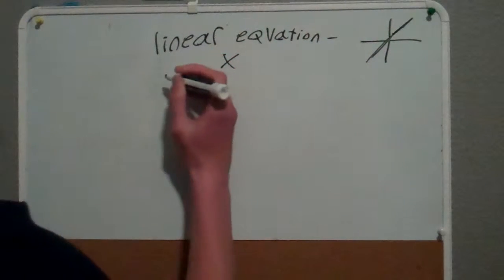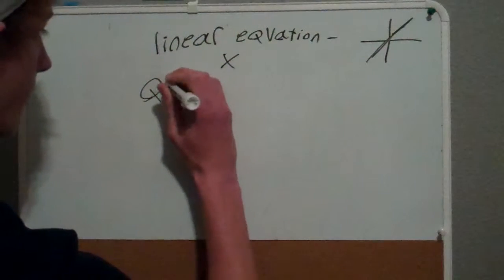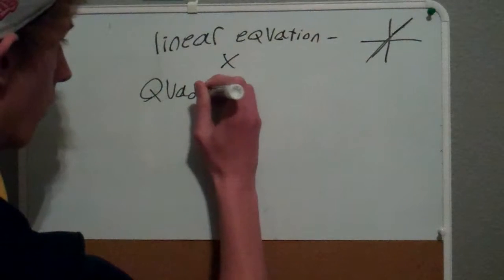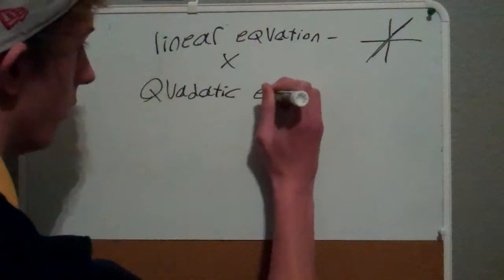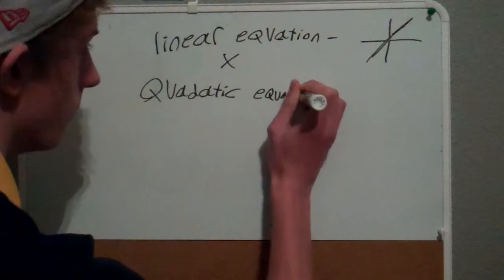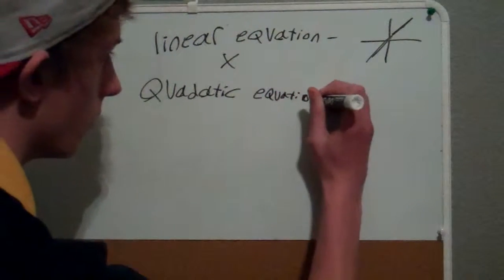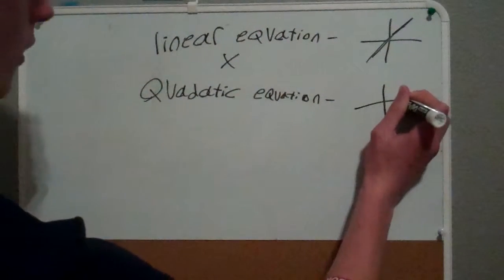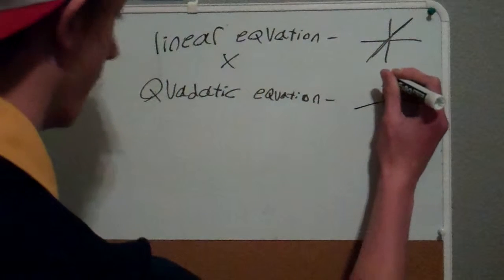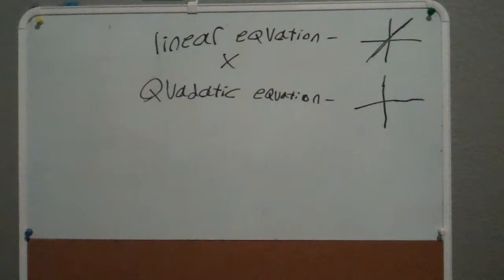Now, a quadratic equation. That's not the best graph I could do, I will give you that. What I'm going to put in for the quadratic equation is one we used earlier in the video. I apologize, I have really bad allergies today.